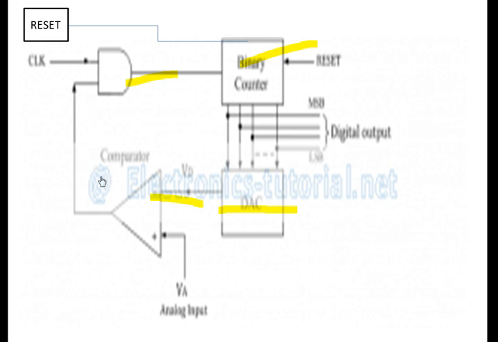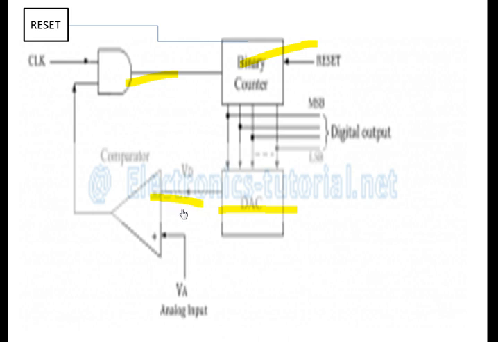To understand the operation, first let us say the reset pin is applied. Whenever the reset is applied, the binary counter is reset, which means the output of the binary counter is 0 0. Whenever the output of the binary counter is 0 0, the output of the DAC is also 0.